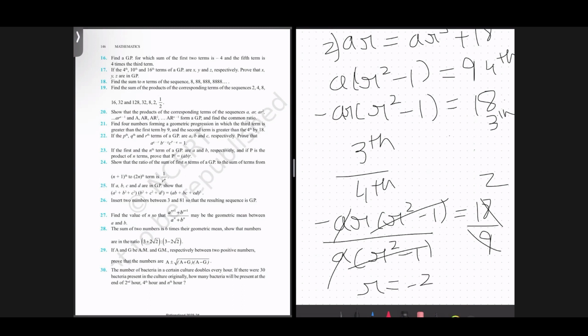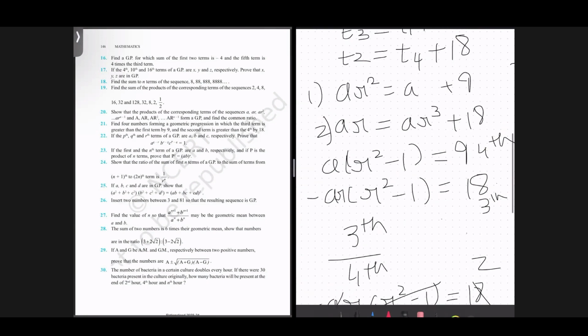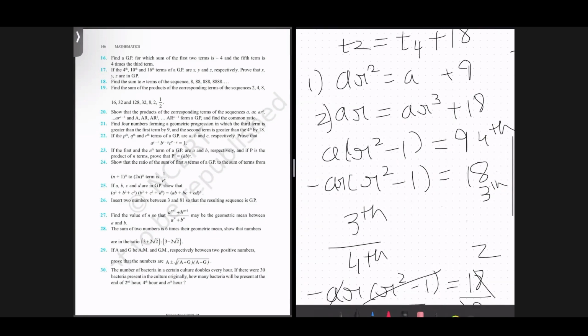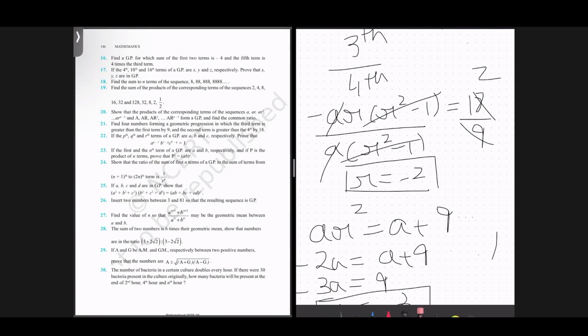So r is equal to minus 2, and substituting r equals minus 2 in the first equation, we'll be able to solve for a. The equation is ar square equal to a plus 9.